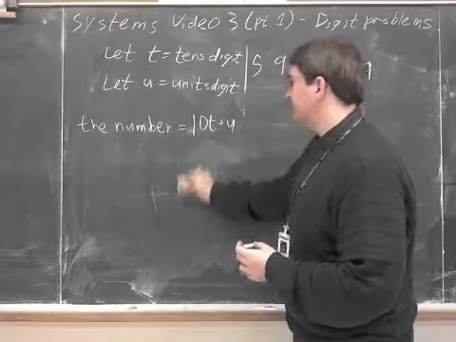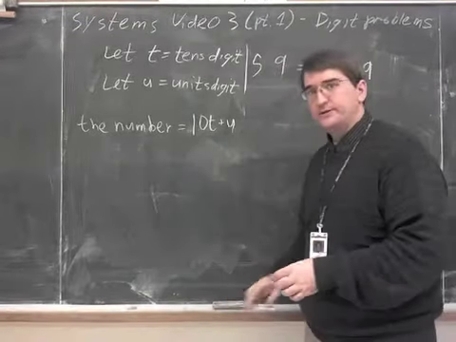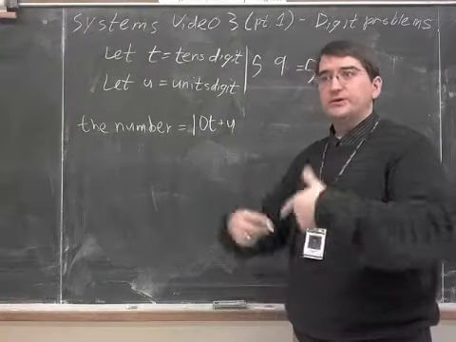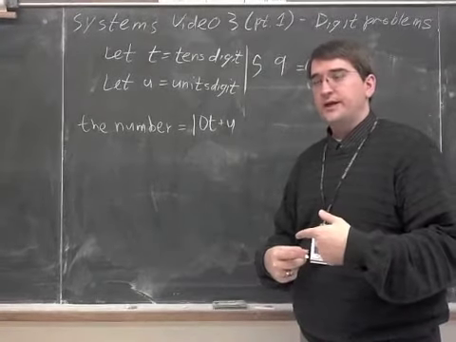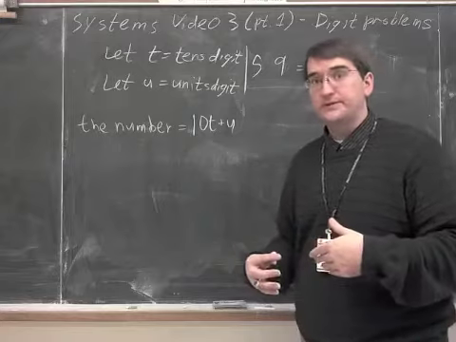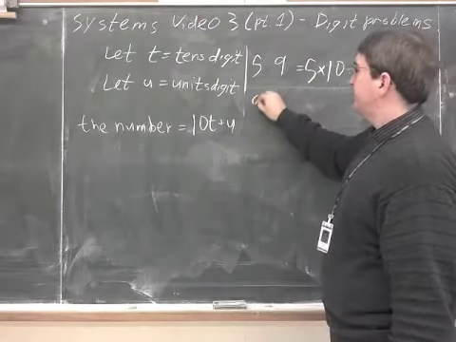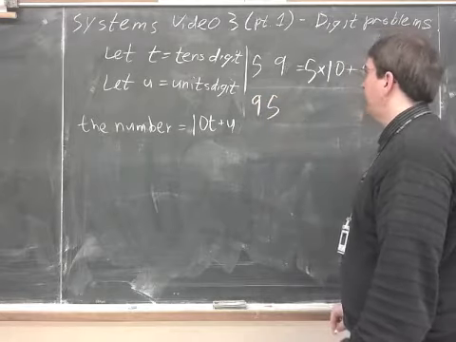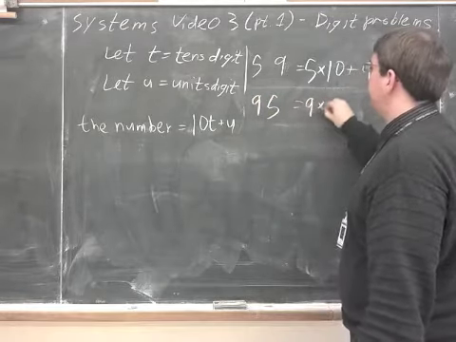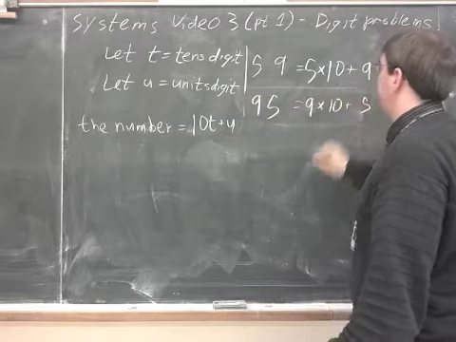The last part of this is that you might have already noticed on number 11 that it talks about switching the order of the numbers, swapping the numbers or reversing the digits. So if we reverse the digits here, I get 95, which would be 9 times 10 plus 5.